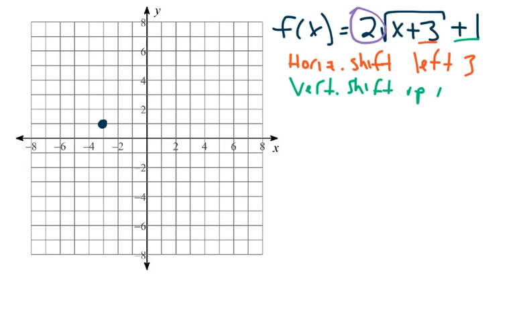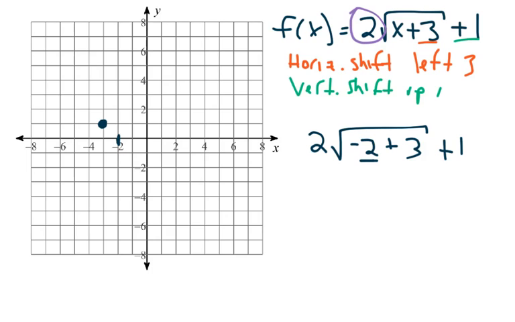works. Let's just pick a point, because you guys are used to doing a T-chart, right? So let's pick a negative 2. If I plug in a negative 2 as my input value, what would my output value be?